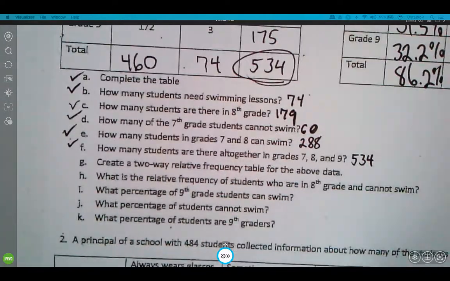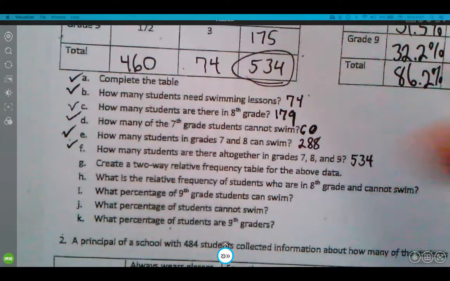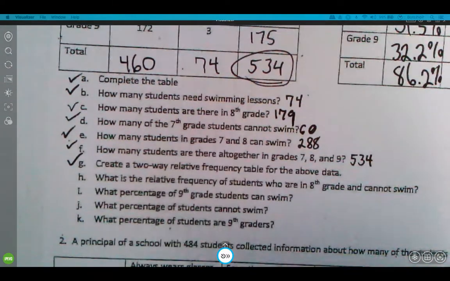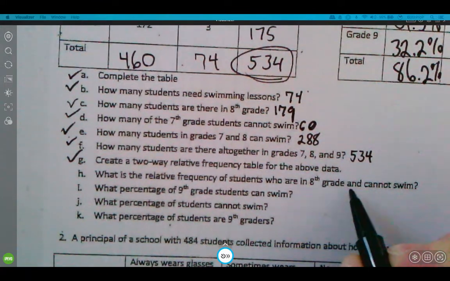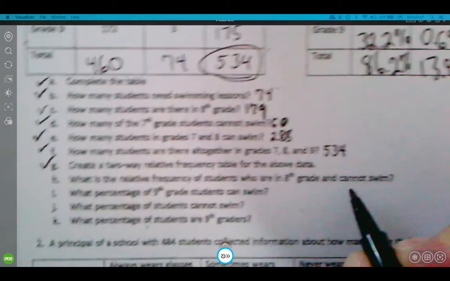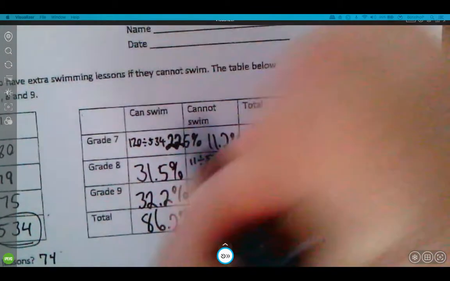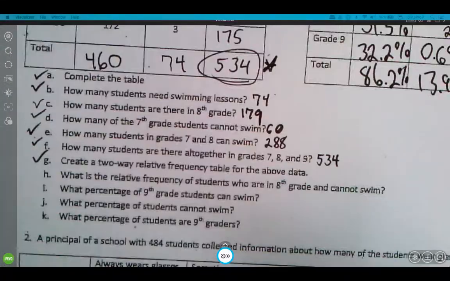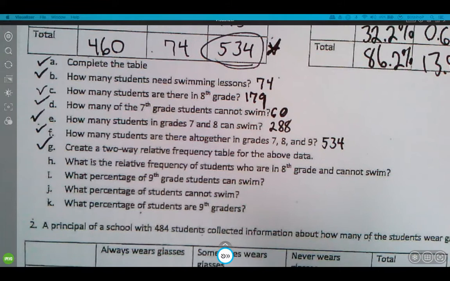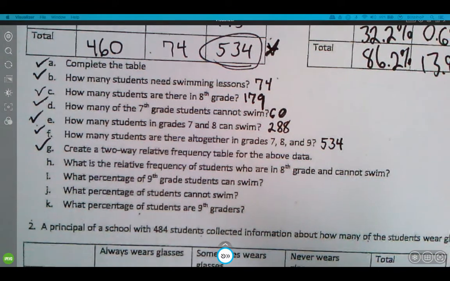And then the wording gets weird, okay? What's the relative frequency of students who are in 8th grade and cannot swim? Sometimes they're not just going to ask you for the relative frequency compared to the total, because this table really is just compared to the total. Sometimes you'll ask a relative frequency question where it's comparing a ratio of 2 different things.